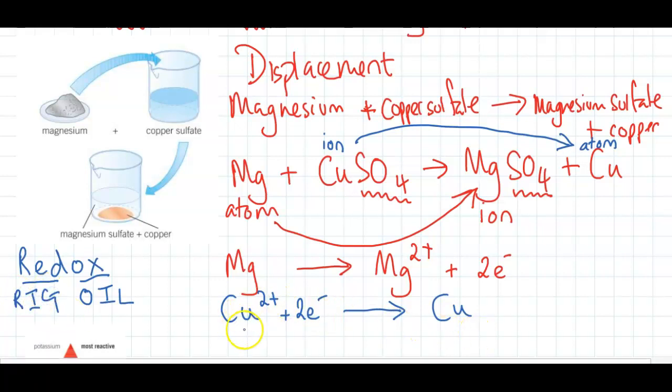So here the copper ions are gaining electrons. The copper ions are reduced to copper atoms, and the magnesium atoms are giving away, they're losing electrons. The magnesium atoms are oxidized to magnesium ions.